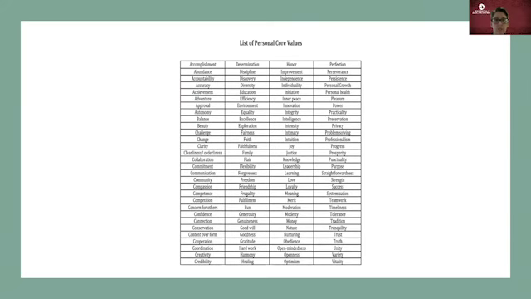Okay, so now that you've selected 3 of these personal core values, I would like you to think about several purchases that you have made in the past month. Go ahead and pause again.